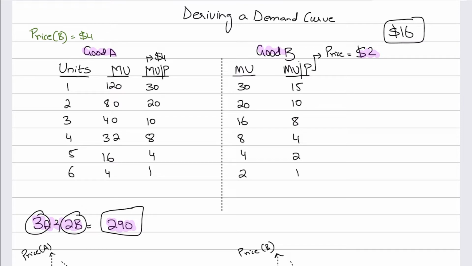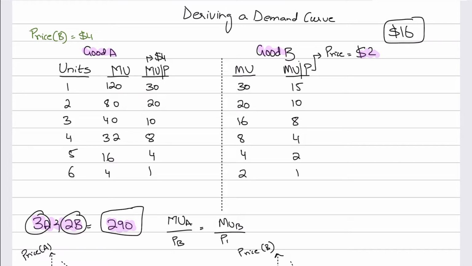This was my optimum bundle using the equi-marginal principle, which says that the marginal utility of A over the price of A should equal the marginal utility of B over the price of B. This makes the consumer indifferent, as each dollar spent on either good A or good B results in the same marginal utility, and the consumer will buy both goods, exhaust his total income, and maximize his total utility as well.